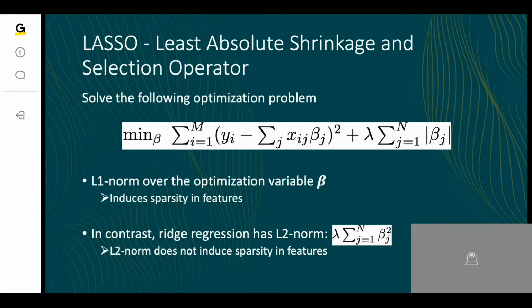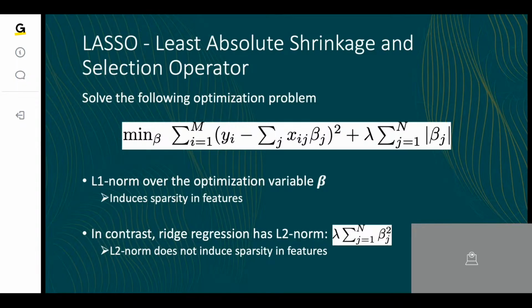Now, just replacing the norm with the squared version of the size of weights actually tends to change the behavior of the optimization output. While the L1 norm induces sparsity in features, it tends to force as many betas down to 0 as it can.